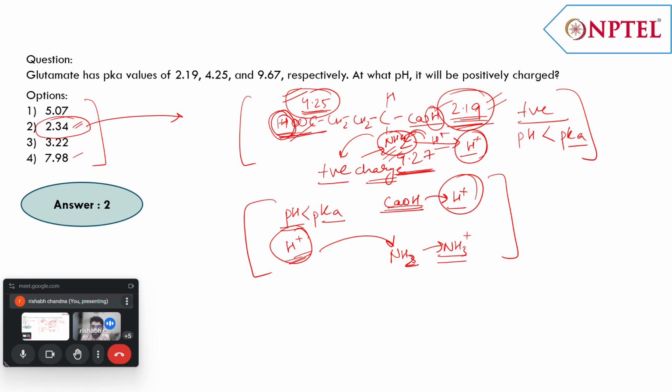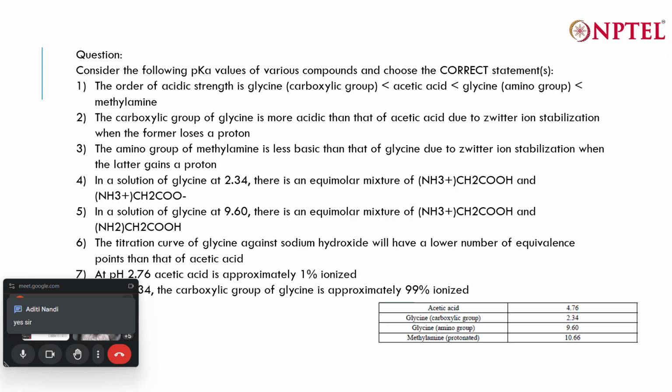So is it clear now? Okay, shall we move forward? Okay, so let's move on to the next question.